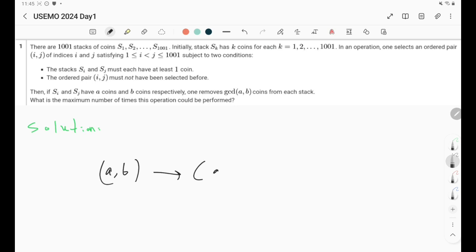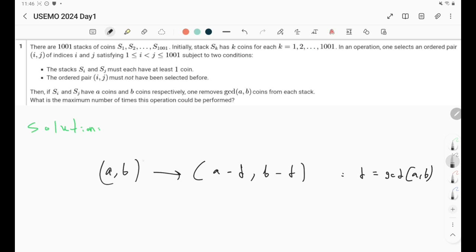So now A becomes A minus D, and B becomes B minus D, where D is the GCD of A and B. Maybe I should just say GCD, not to confuse you with the pair. So if we start with A and B, we're subtracting the GCD from both of them.